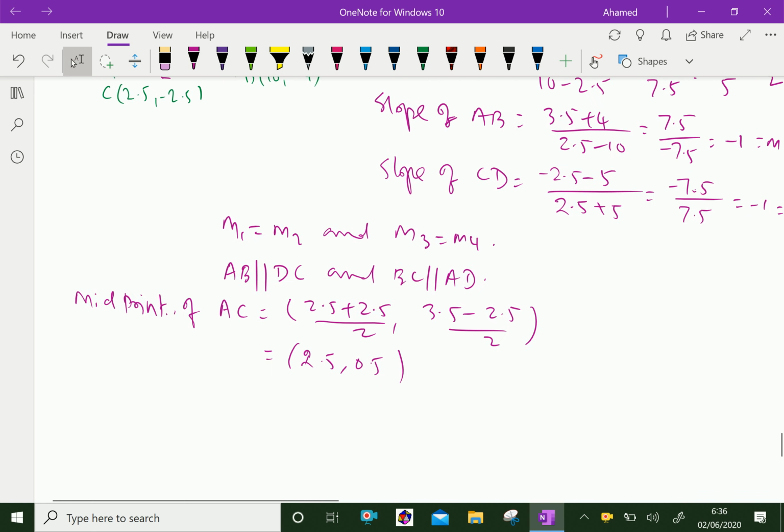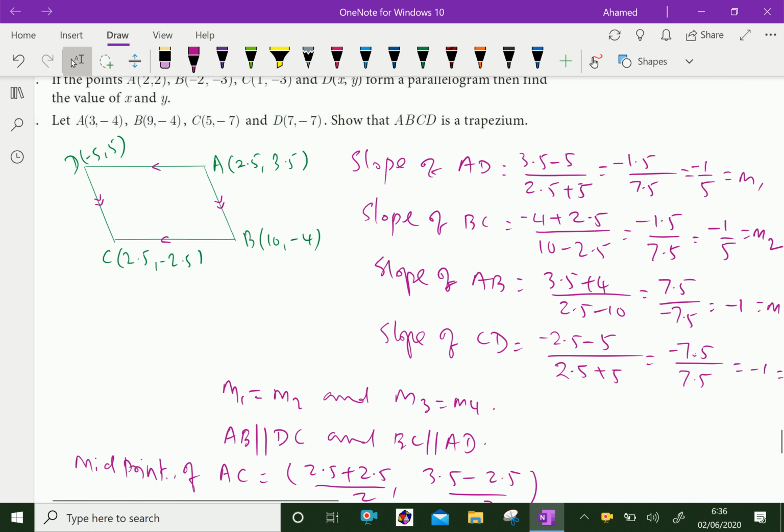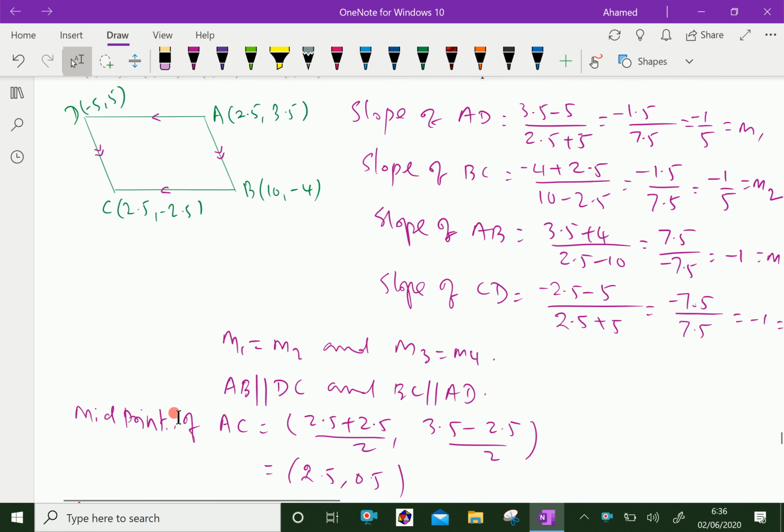Now similarly you can find the midpoint of BD. Look at this, point B is 10, and D is minus 5.